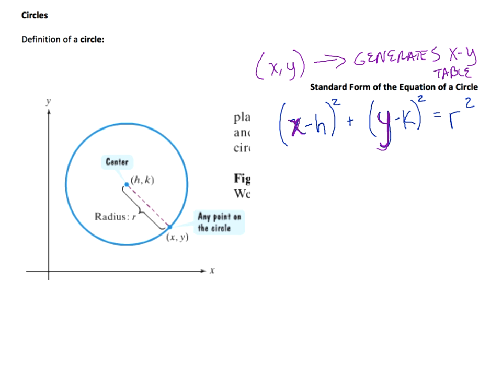So those need to stay there so that you have a place to generate points to graph. The h, k is right there. h, k is the center point.